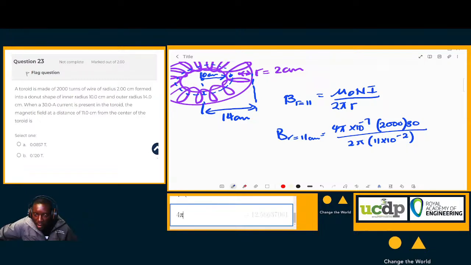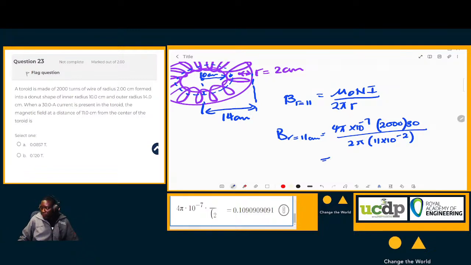4 pi times 10 to the power negative 7 multiplied by 60,000 and then divided by open bracket 2 pi times 11 times 10 to the power negative 2.